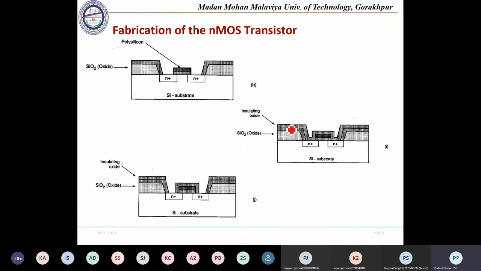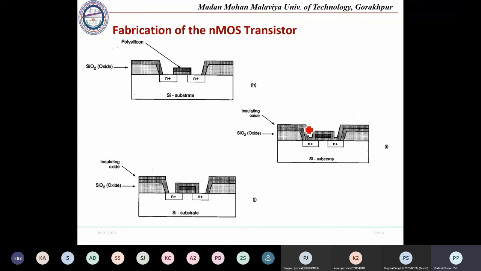Whenever, as we saw in the previous slides, we need to deposit a single layer in a particular direction, we have to deposit that layer all around the substrate. In the complete substrate, that layer will be deposited, and after depositing in the complete region, we will be removing all the layers that are not important to us.